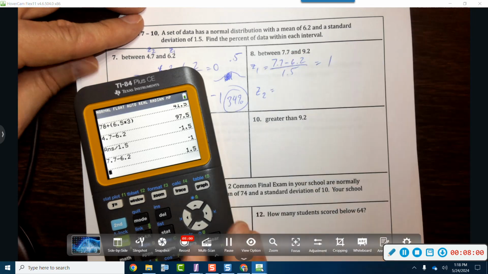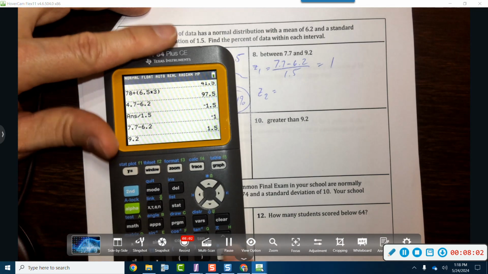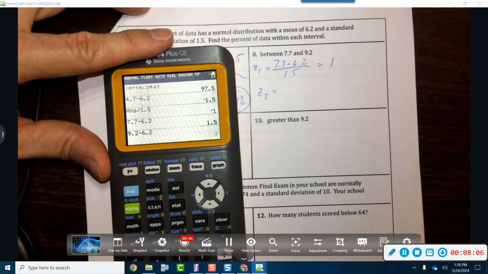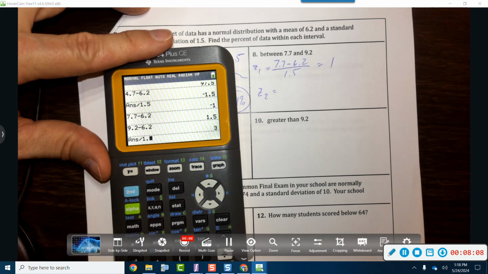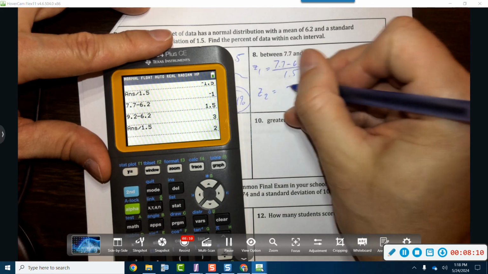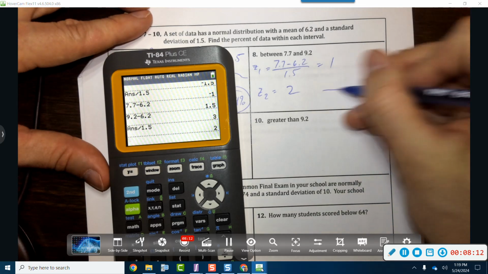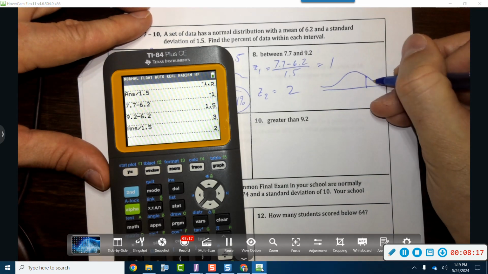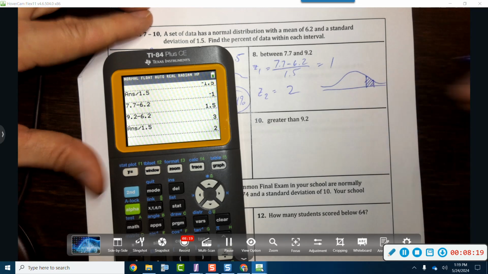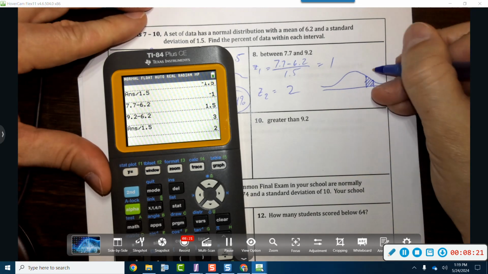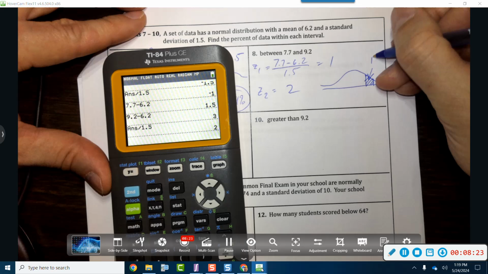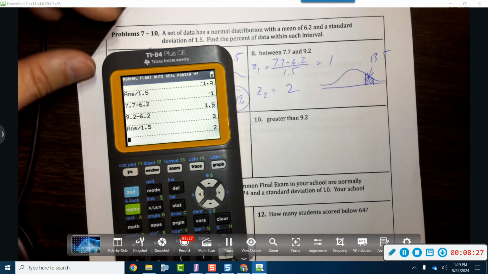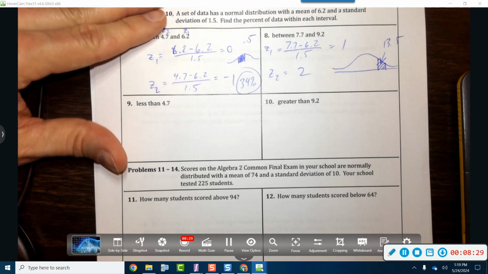Z2 is going to be 9.2 minus 6.2, 3 divided by 1.5 is 2. So our z-score is 2. So we're looking for the data that falls in between here and here. Okay, and what is that? Isn't that 13.5? Okay, 13.5. I don't think it's 12.5, is it?